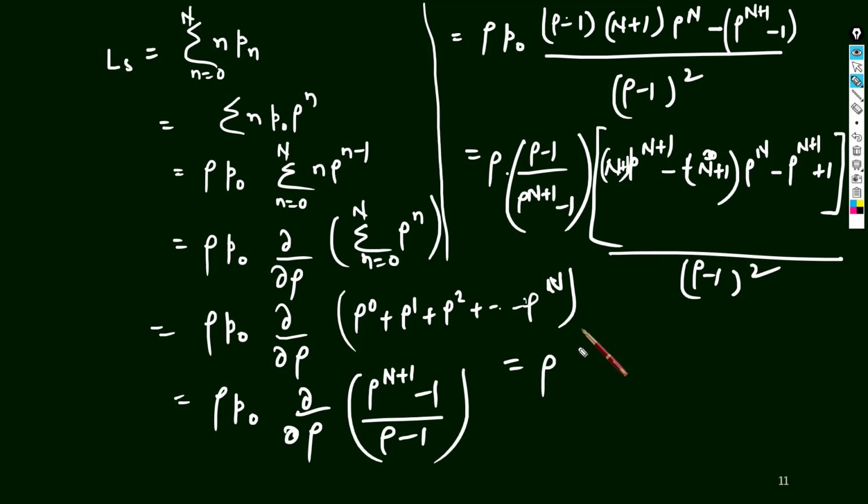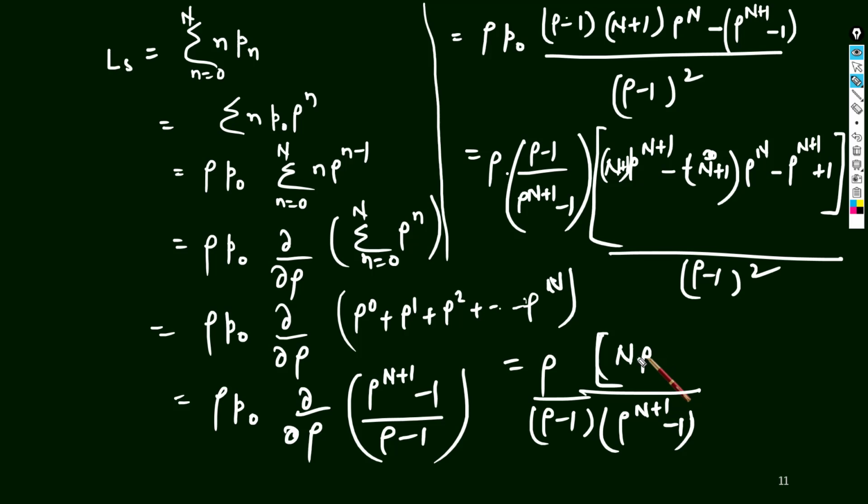This is cancelled 1, so it will be left divided by rho minus 1, and down is this one. Okay, it's a little bit lengthy expression, but nothing to worry about. This is rho to the power n plus 1, and this is also rho to the power n plus 1, so it will remain rho to the n into rho to the power n plus 1 minus n plus 1 into rho to the power n plus 1 into this.